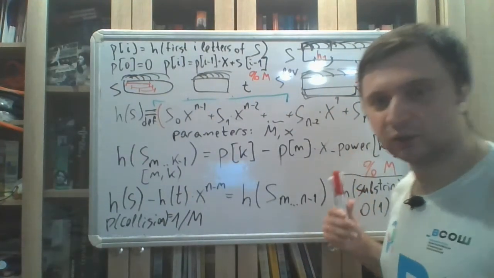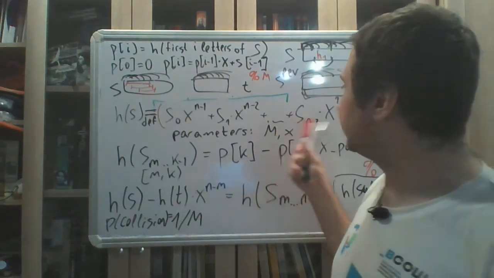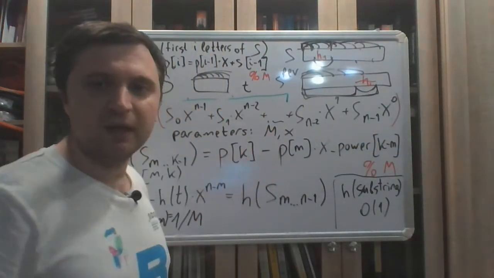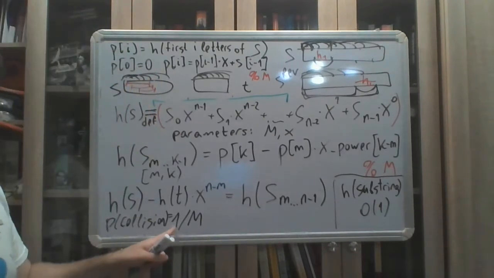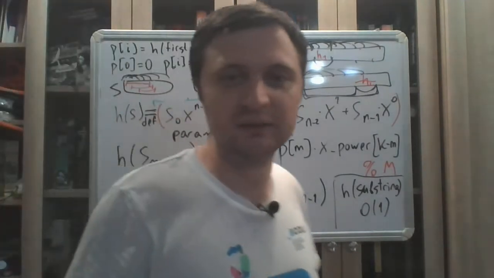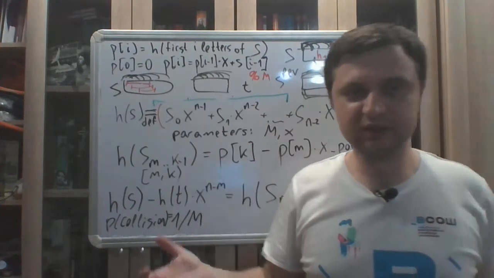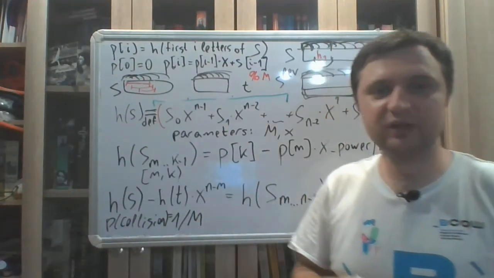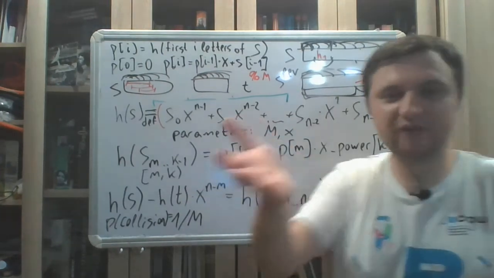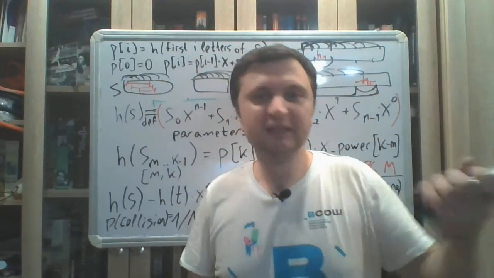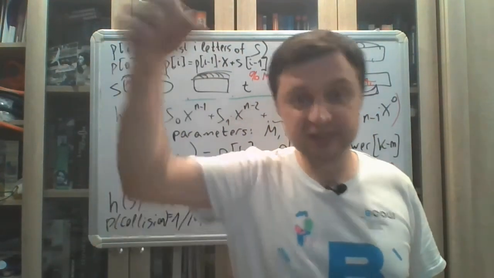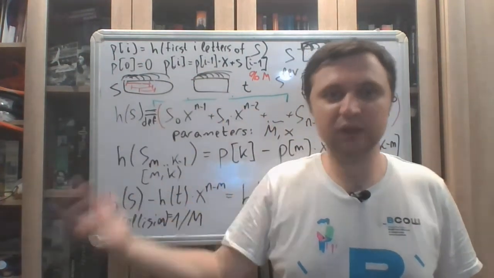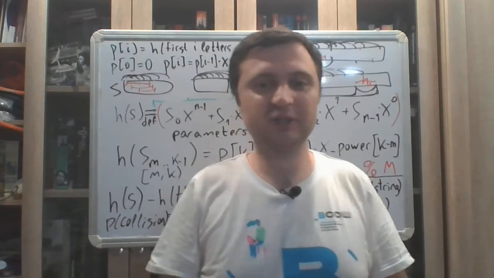Also, a good question is, what are m and x? Well, if you take small m, the problem is that collisions will happen quite often. If you take m like 10, then you classify all the strings in the world into types 0 through 9. And then it's very easy: if you have 11 people in a group, then by the pigeonhole principle, some two of them will have different names and equal hash, which is just a collision out of the box.